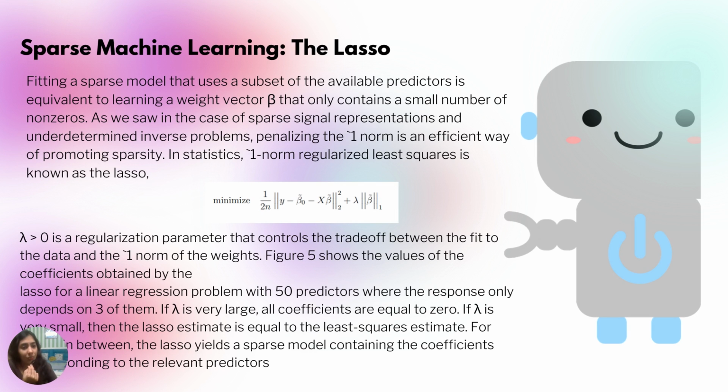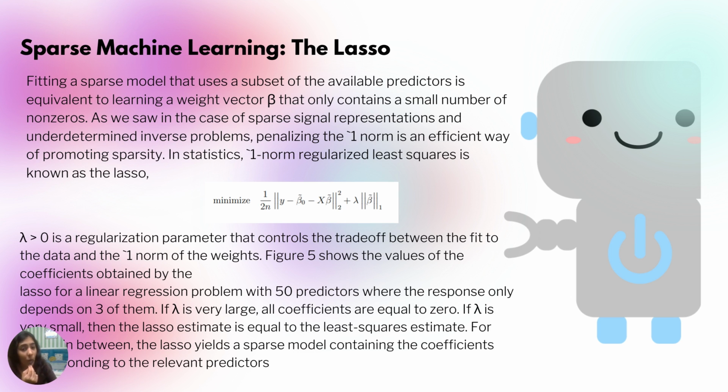The lasso. Fitting a sparse model that uses a subset of available predictors is equivalent to learning a weight vector beta that only contains a small number of non-zeros. As we saw in the case of sparse signal representation and underdetermined inverse problems, penalizing the one norm is an efficient way of promoting sparsity.